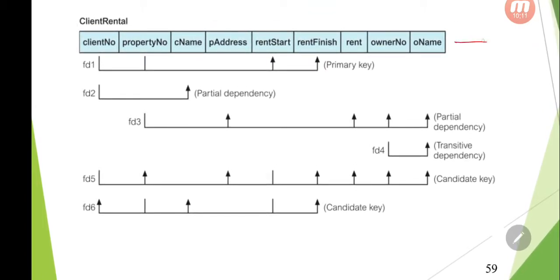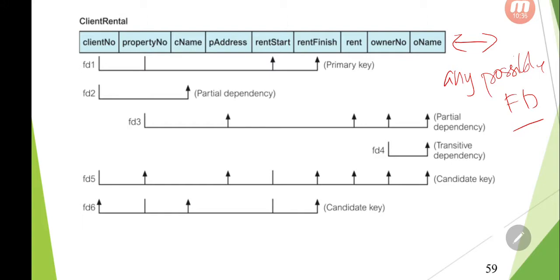Okay, this is our table. This is our attribute: client number, property number, client name, property address, rent start, rent finish, rent owner number, and owner name. Find out any possible FD from this table.